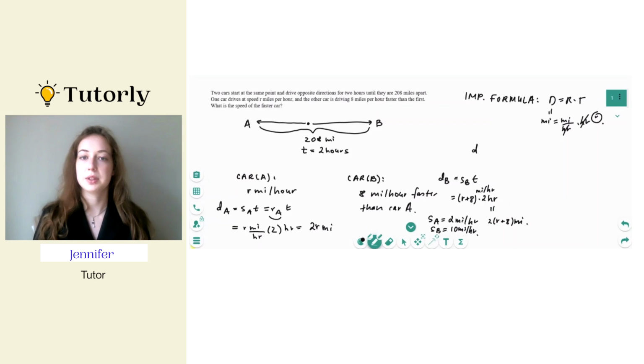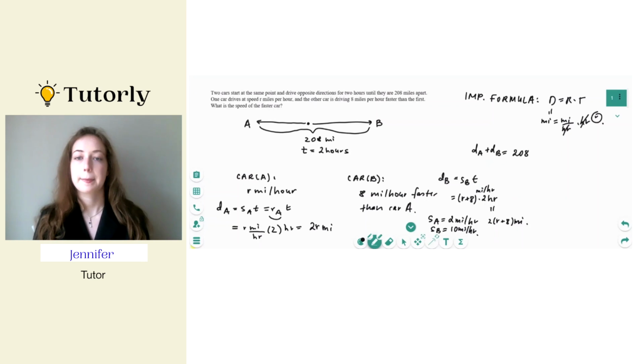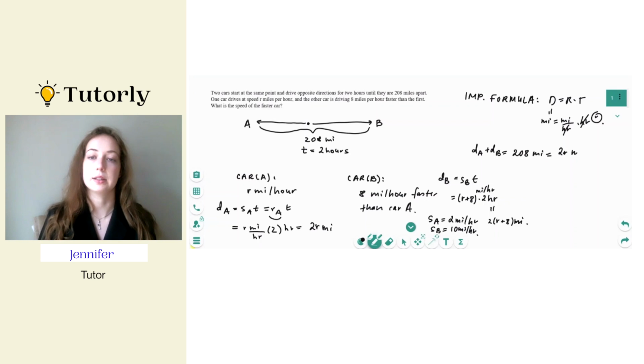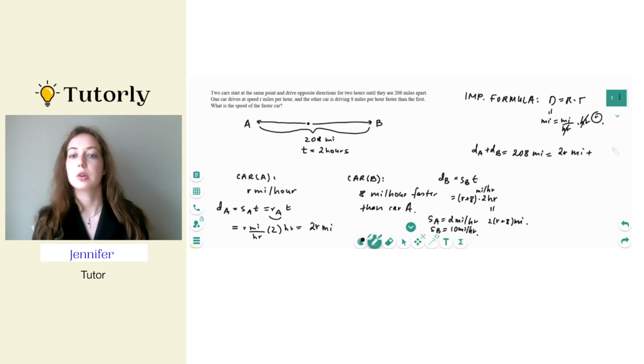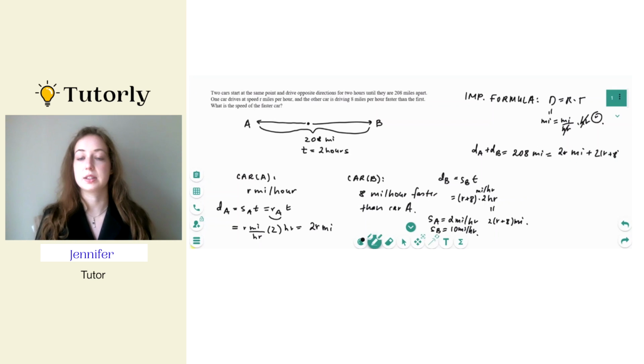Now, at the end of the day, we know that the distance of car A plus the distance of car B is 208 miles. How can we write this more explicitly? It's 2R miles from car A plus 2(R plus 8) miles from car B. If we simplify this, 208 is equal to 2R plus 2R plus 16, which is 208 equals 4R plus 16, which is the same thing as 192 equals 4R.